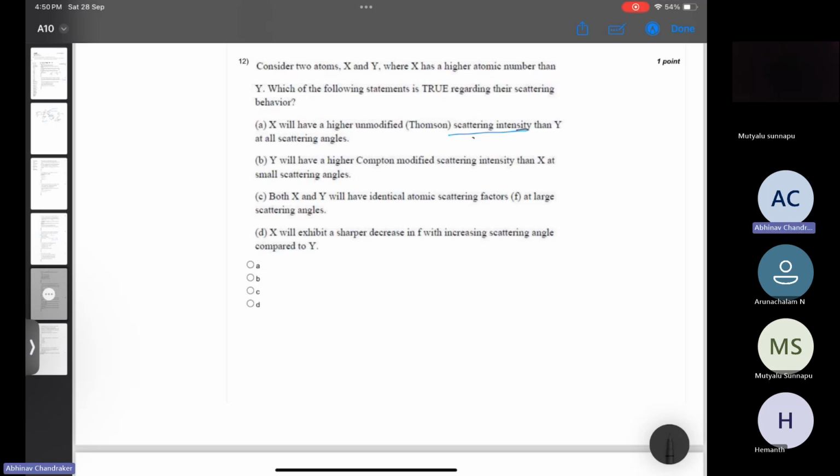But if we see this option, we know that Y is a lighter element, so the Compton scattering modified scattering intensity will be higher for Y than for X, because at lower atomic numbers, the Compton effect is more.